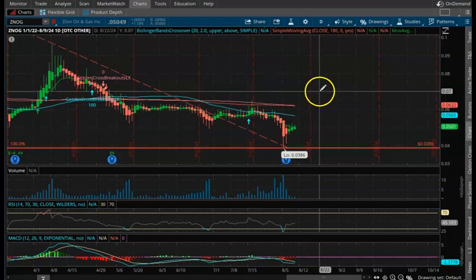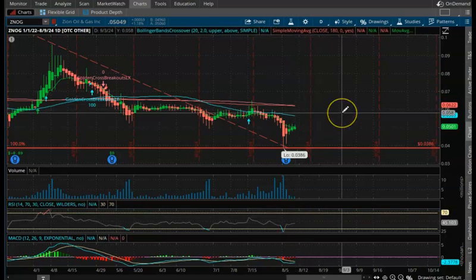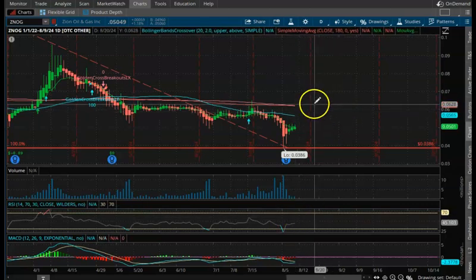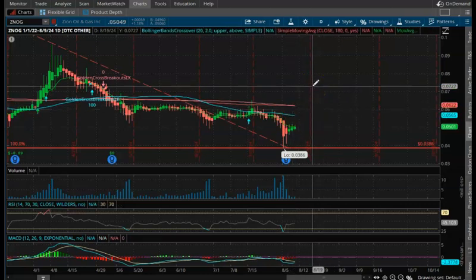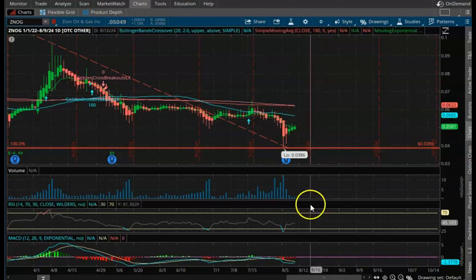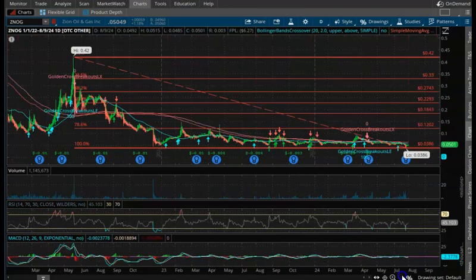So if this can come back over the top, we can get some type of little rally, maybe to 6.5, 7 cents. This line right here would be probably close to, if not touching, the top. And then if we get some news, that would be a good longer term signal for us, and maybe possibly start pushing ourselves to the upside.